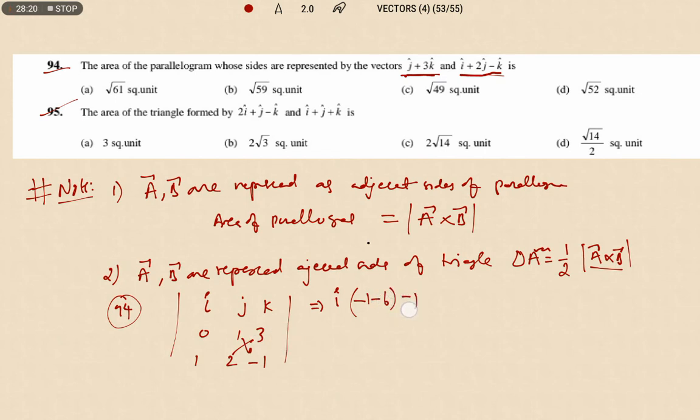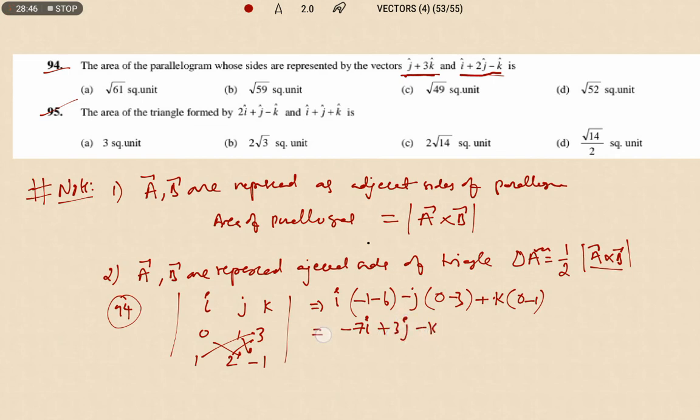Next j, minus j we can take: 0 into minus 1 is 0, 1 into 3 is 3, so plus 3j. Plus k: 0 into 2 is 0, 1 into 1 is 1, so minus k. What expression are we going to get? Minus 7i plus 3j minus k.